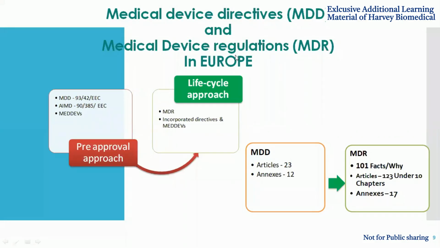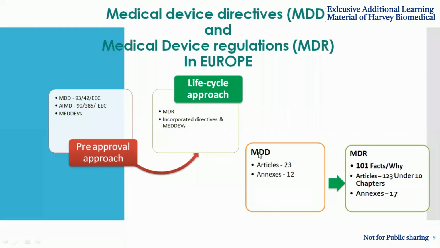You see the difference between the MDD and MDR, what are the differences? Here 90/385 and 93/42 and medical device directives enter into the MDR, and incorporated directives and MedDevs. The clinical part still follows the MedDevs only.